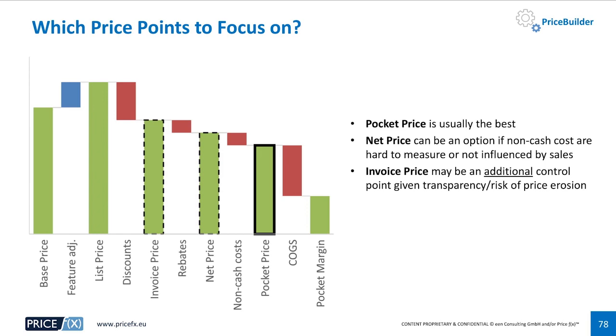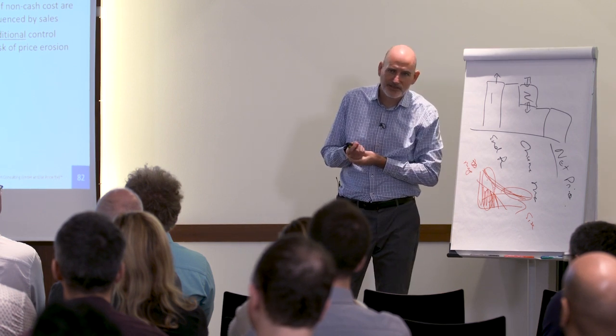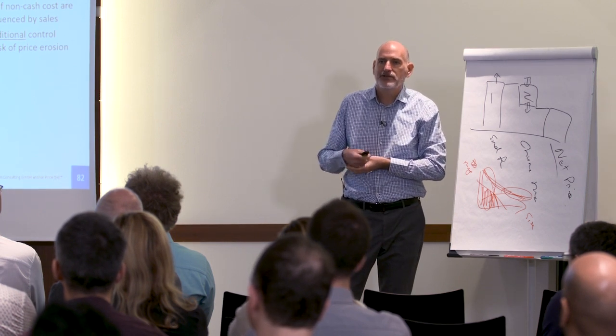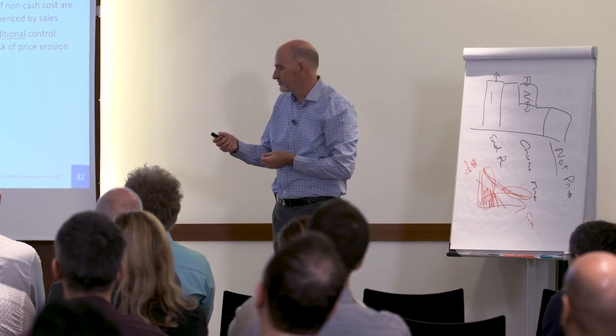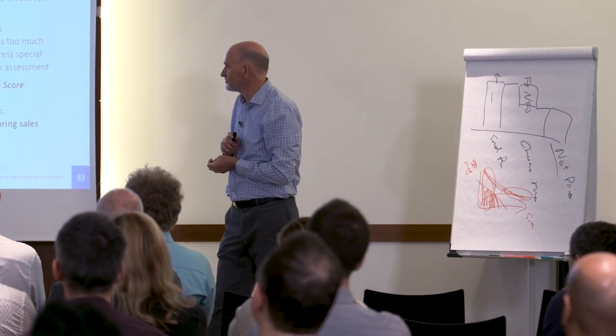But there's always an exercise with making finance comfortable with the fact that you're using a number that doesn't sit in their other systems, right? And the classic one is our payment terms, right? So you put a cash value on payment terms based on the weighted average cost of capital, and then off you go. But sometimes net price is good enough.